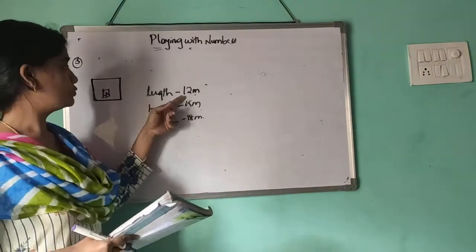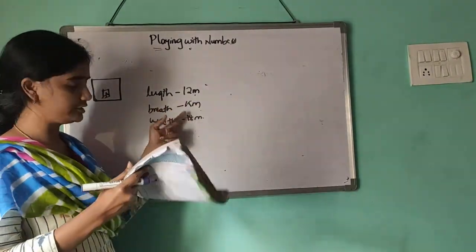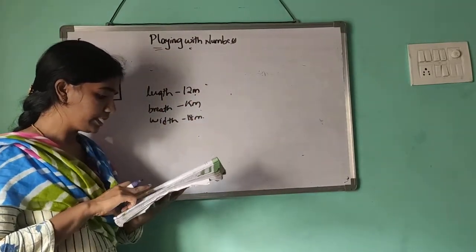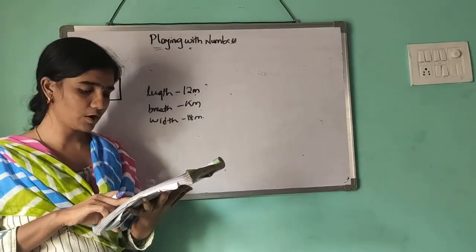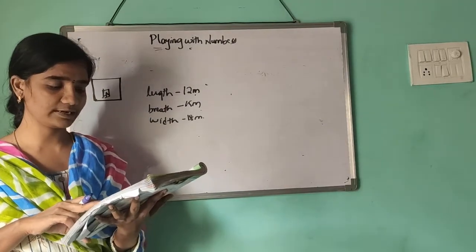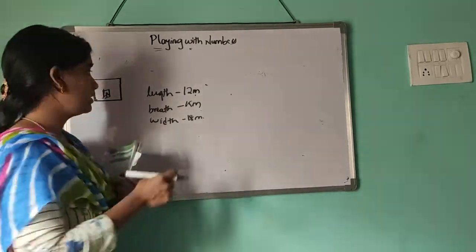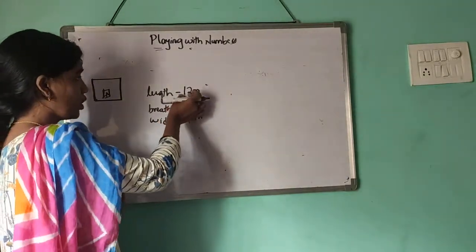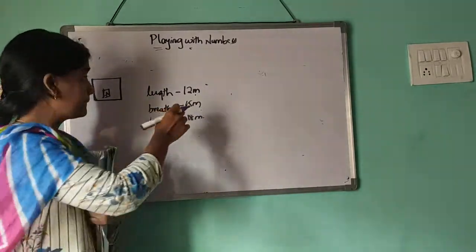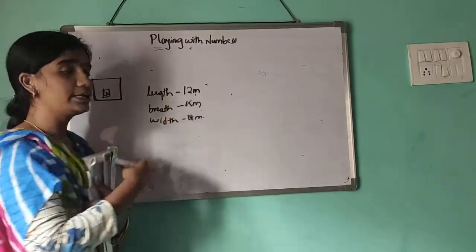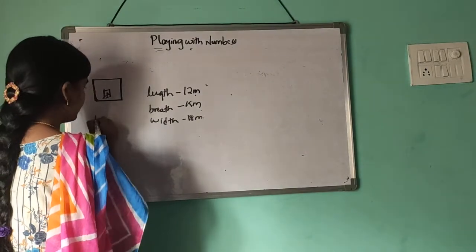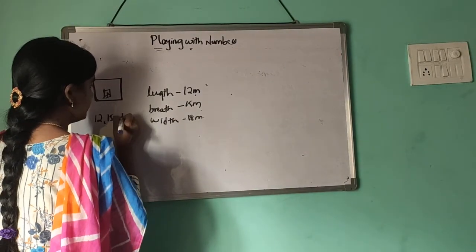So by using these numbers, determine the length of the longest stick that can measure all the dimensions of the room an exact number of times. Here I am using the division method to solve this. So what are the numbers? 12, 15, 18.